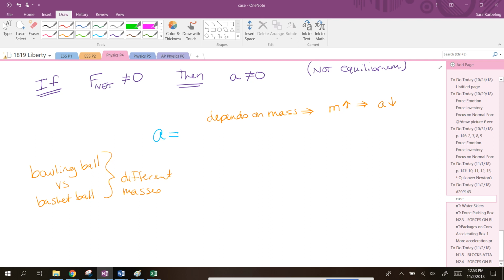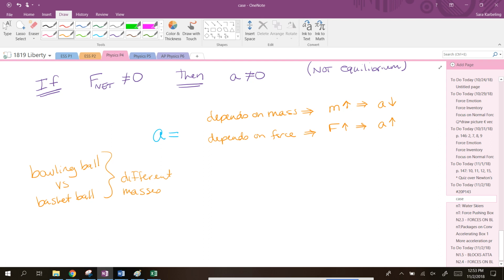Yours, because your force is bigger. So acceleration depends on force. If the force goes up, tell me about the acceleration. It goes up.